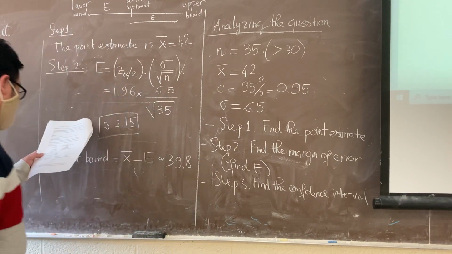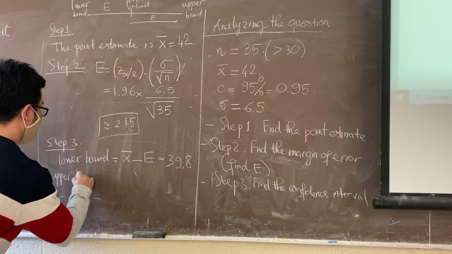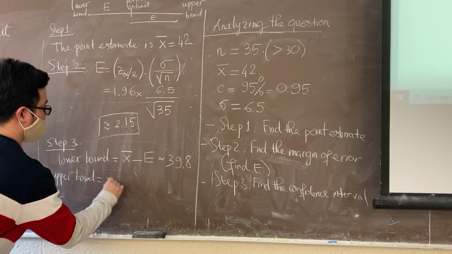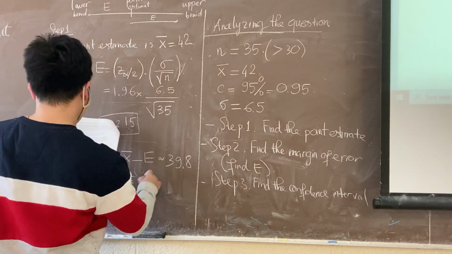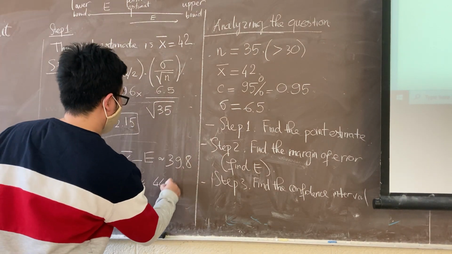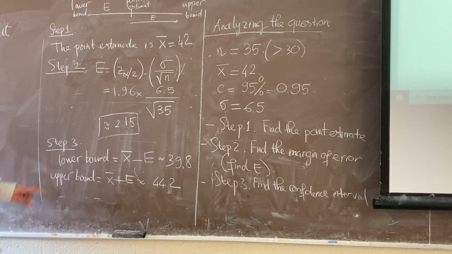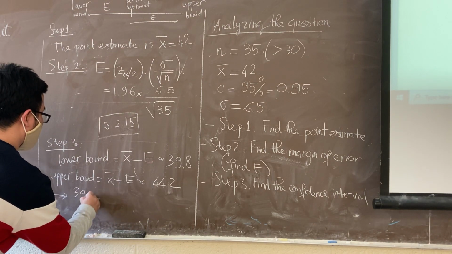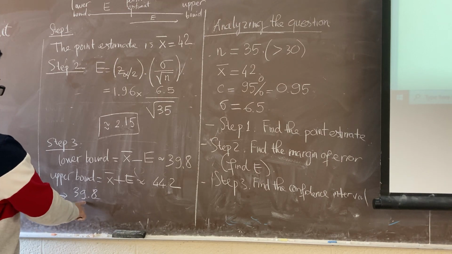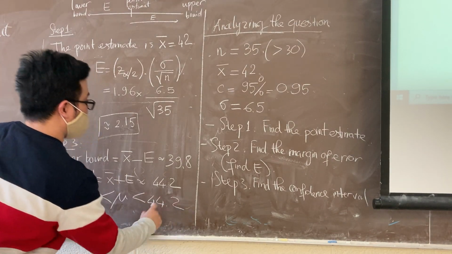39.8. And the upper bound is x bar plus E. The upper bound should be approximately 44.2. When you have the lower bound and upper bound, that means the population mean will be from 39.8 to 44.2.